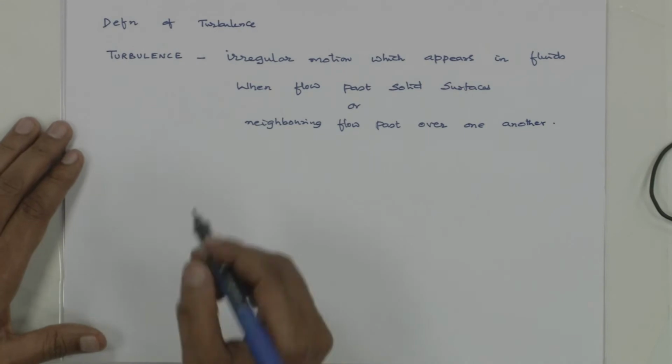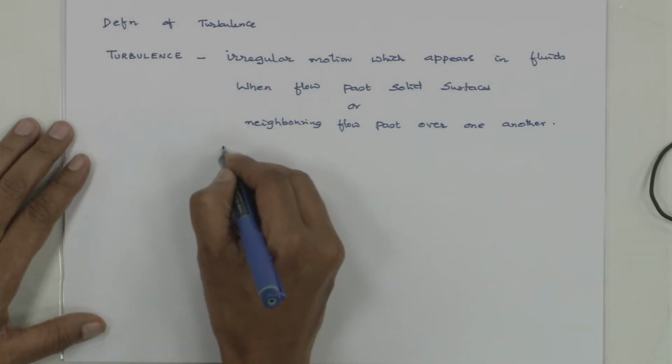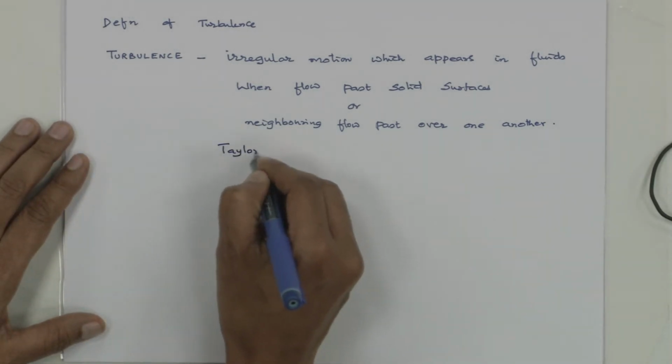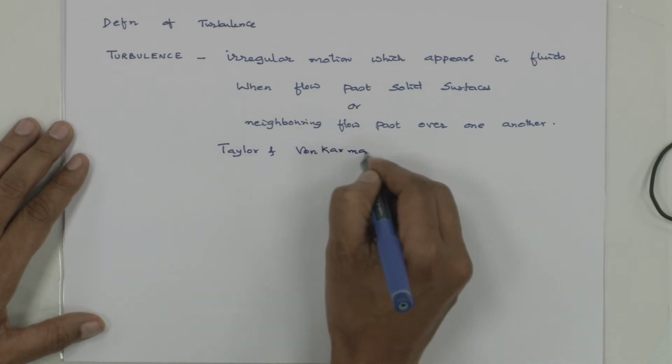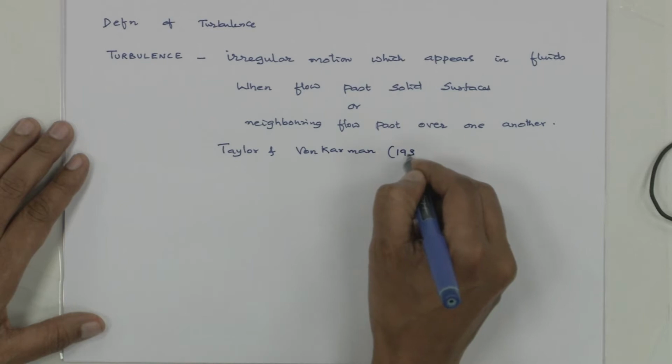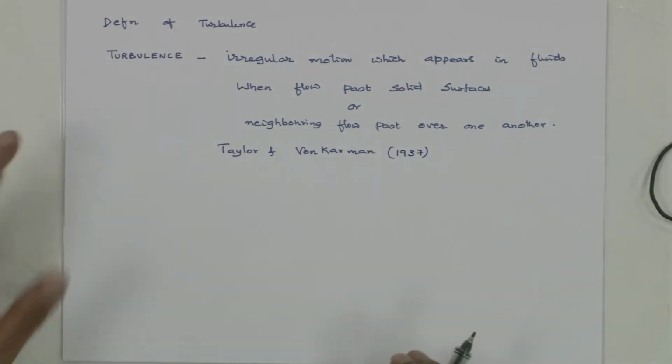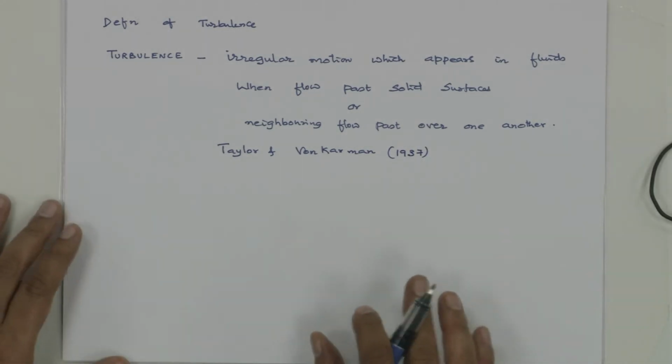So this was the first definition given by Taylor and Von Karman in 1937.